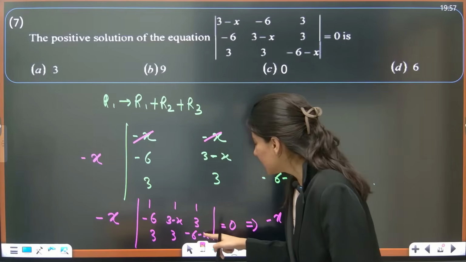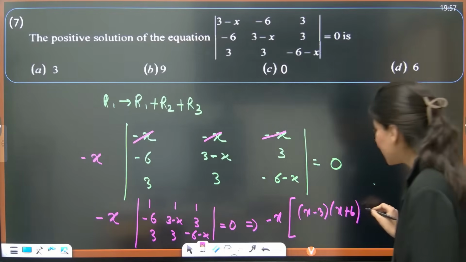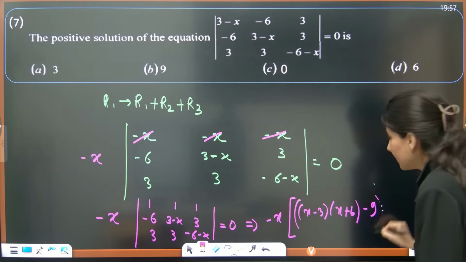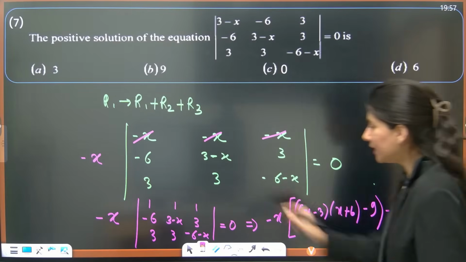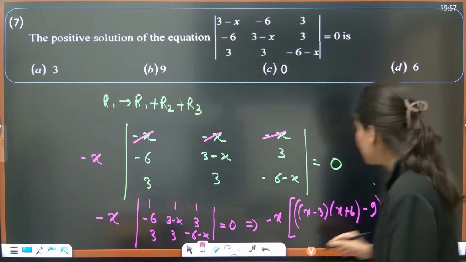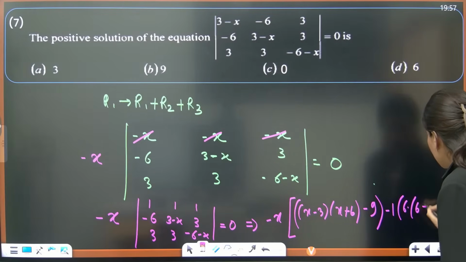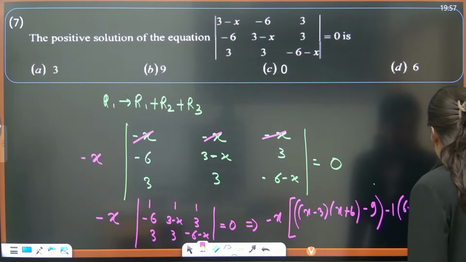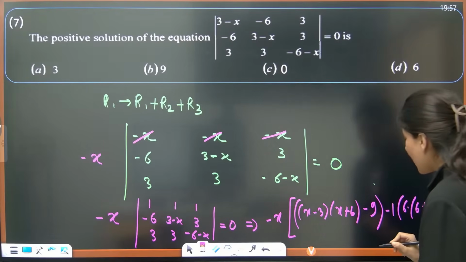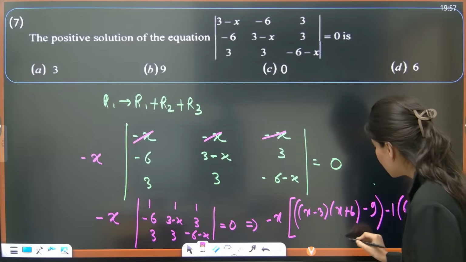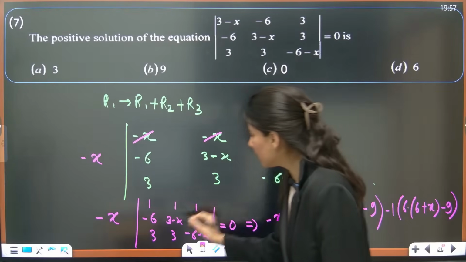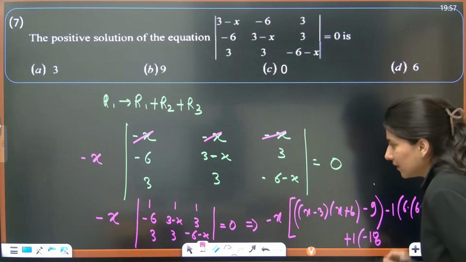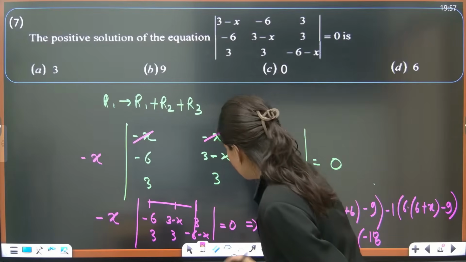So this 3, this into this, minus 9, okay? Minus 9, perfect. And then this is gone. Now minus 1 times you are going to get this: 6 into x plus 6, minus 9 again, okay? Then all right, plus 1. Plus 1, we are going to have minus 18 and this. So minus 18, correct? This and this gone.